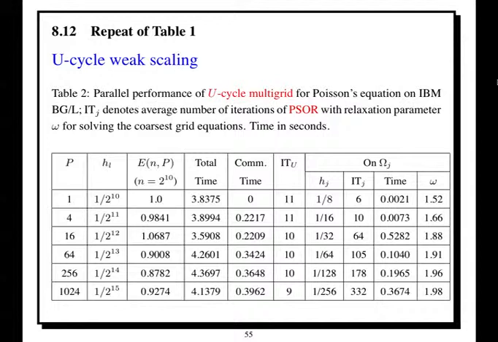There are two algorithms here: the U-cycle multigrid, which goes down part of the way on a V-cycle and then goes back up, and then PSOR is the solver on the coarsest level. It scales well up to this level, but for much larger problems, you'd have to do a different strategy for the coarse level solve.